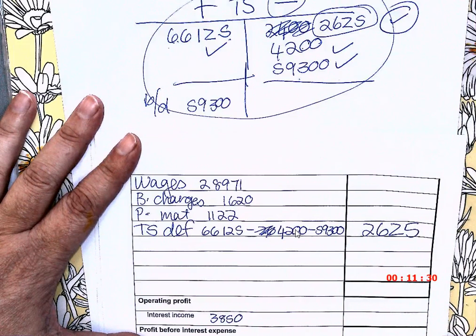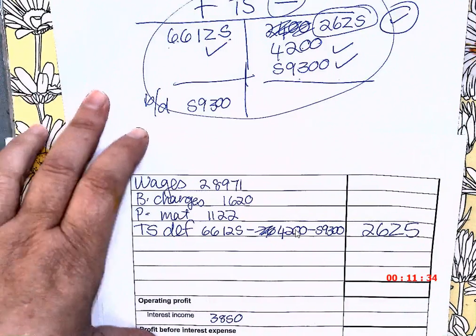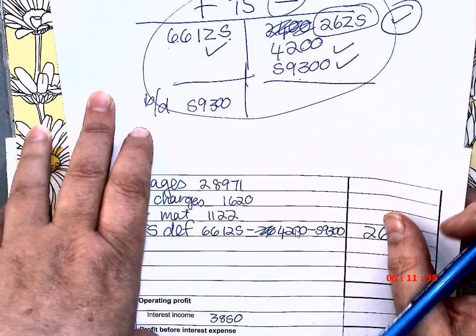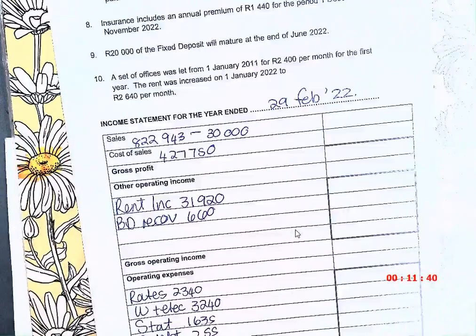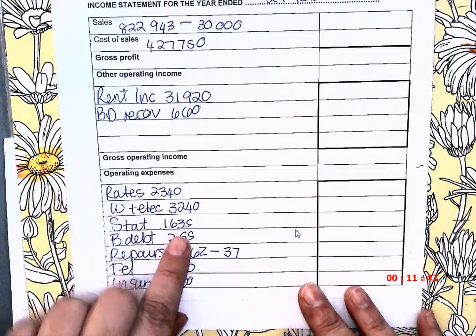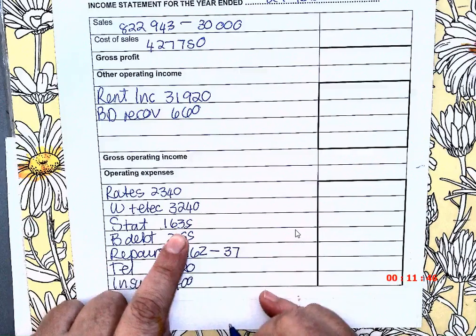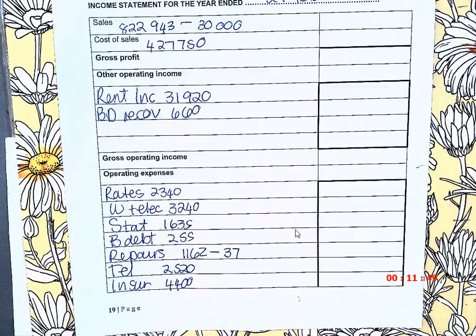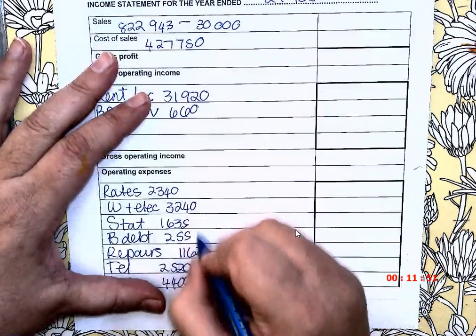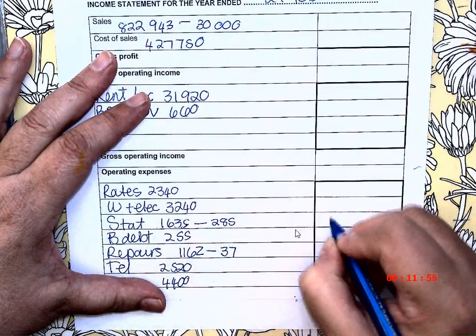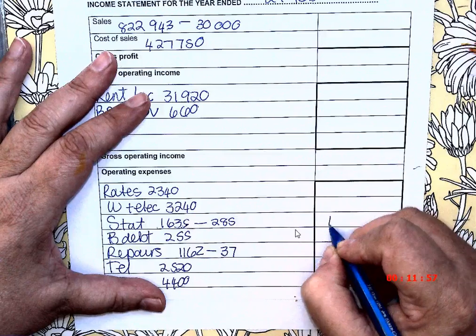Okay. Next one is the stationery. So for the stationery, they tell me this is what's left. What do I want to show in the income statement? What is used. So if I look at stationery, I see in total I bought 1,635 this year. That's available to use. I have 285 left over. So what did I use? 1,350.